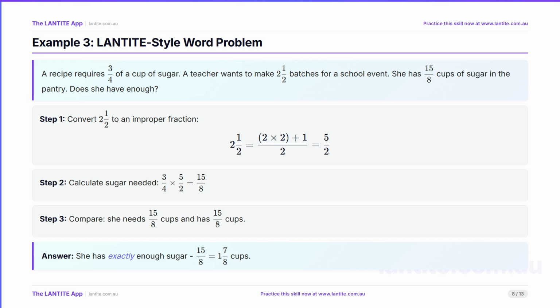Calculate the sugar needed by multiplying 3/4 by 5/2, which gives 15/8. Step 3. Compare. She needs 15/8 and has exactly 15/8. She has just enough. Notice how we used mixed to improper conversion and then compared fractions, multiple skills working together.